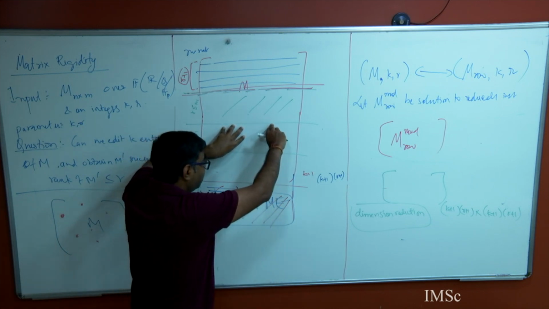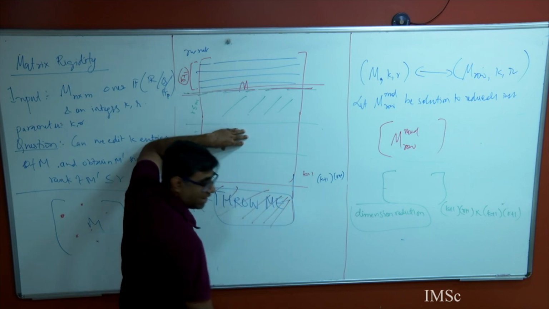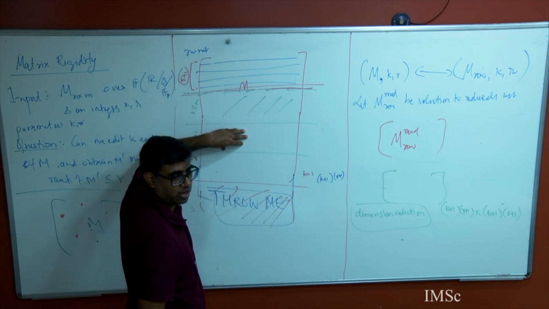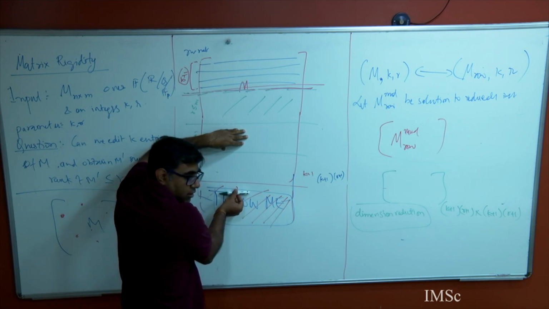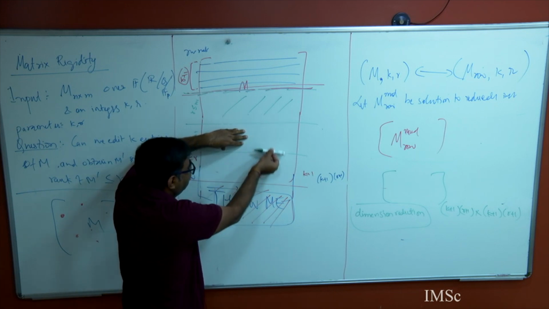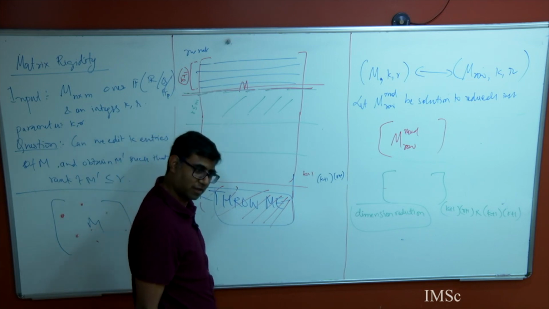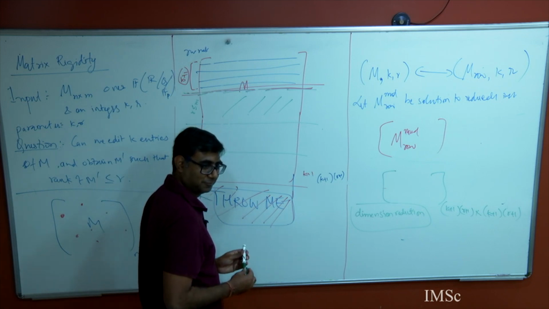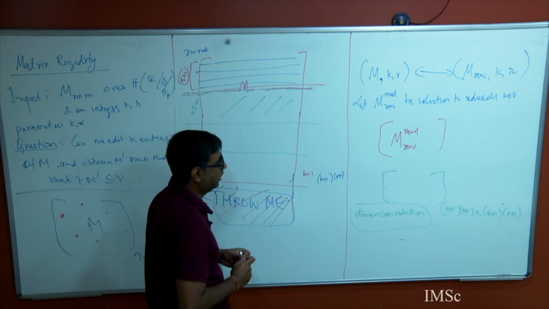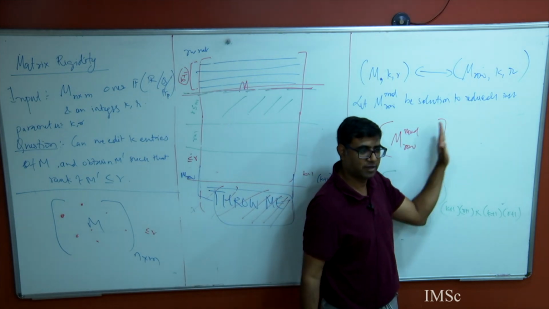It means if I look at this matrix from that particular block and everything below, it had rank at most r anyway, right? Which means that every row here can be written as a linear combination of these guys, and that is exactly what we used. So the thrown rows can be thrown. Do you get my point? Okay. And now I can do similarly for the columns and reduce the columns.